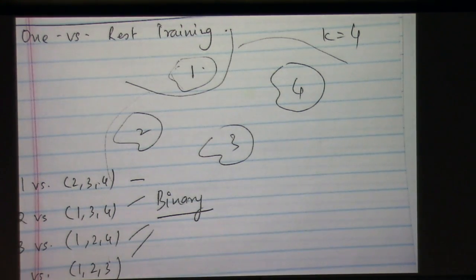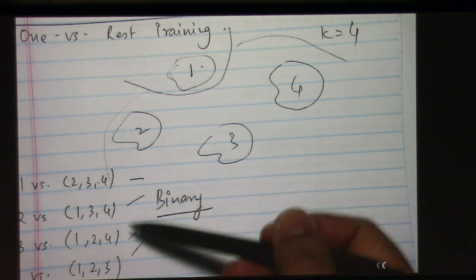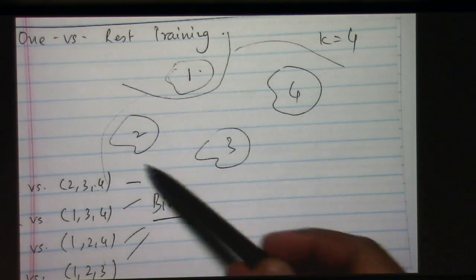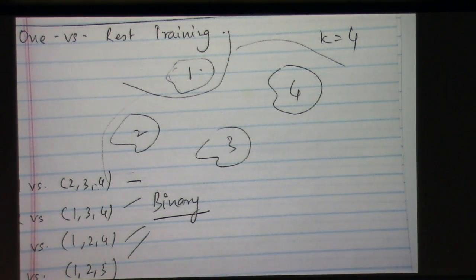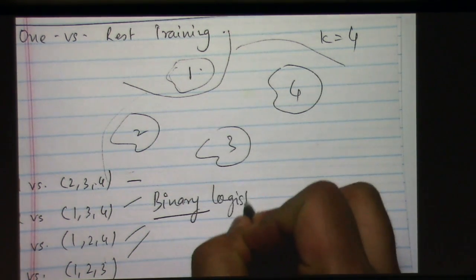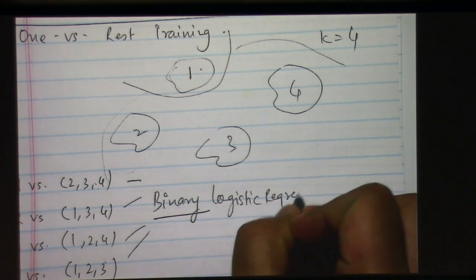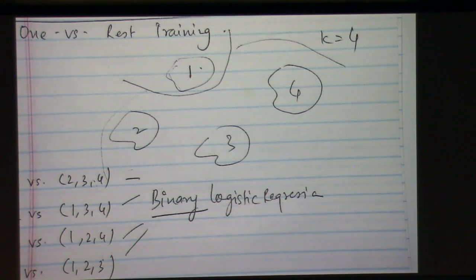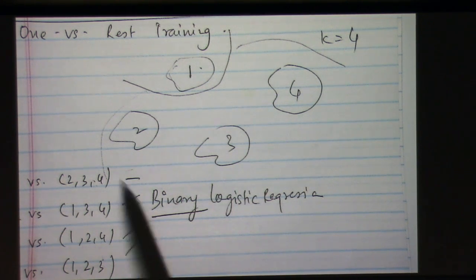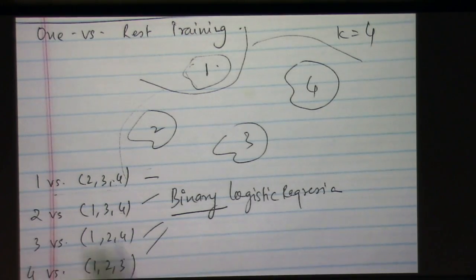Then when you get a new data point, you feed it to each one of these classifiers, and each one of them will give you a probability, since it's binary logistic regression. So for a new data point, you'll get 4 probabilities, and then you choose the one that is highest. So that is one way to learn these weights. Each one of them will give you some weights.